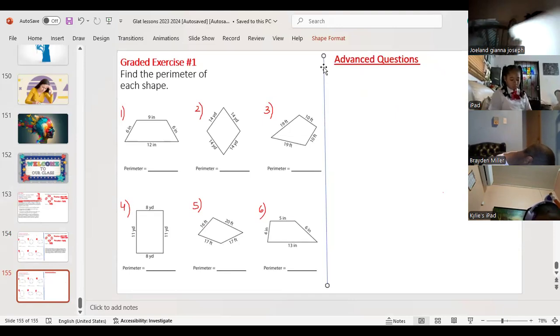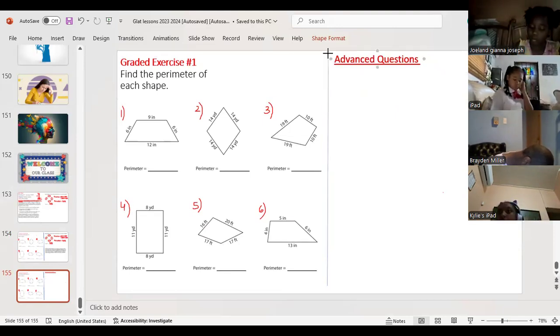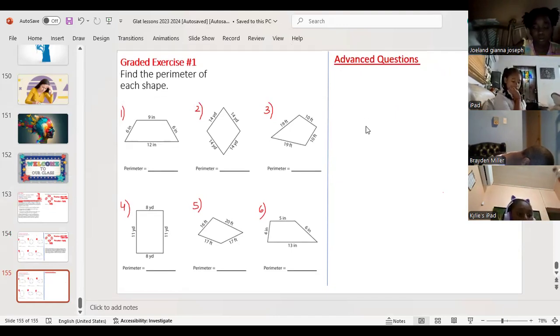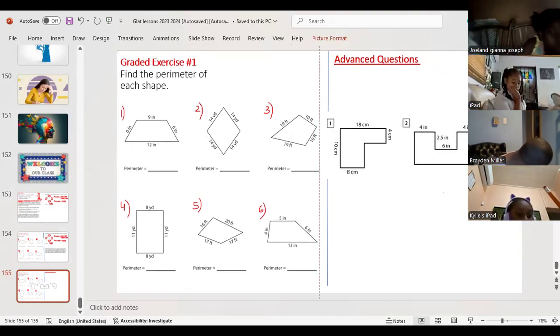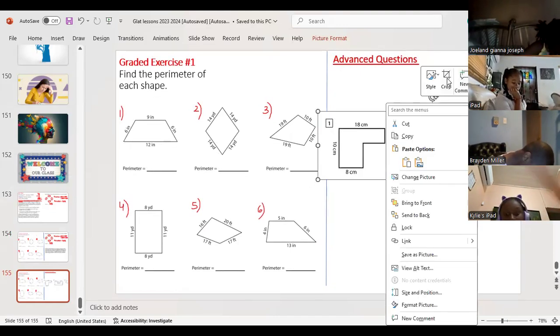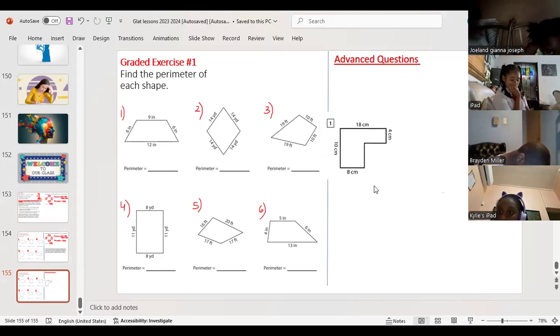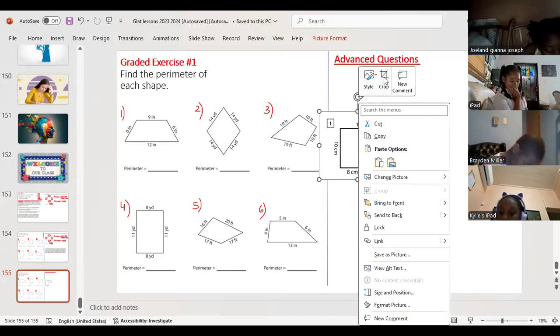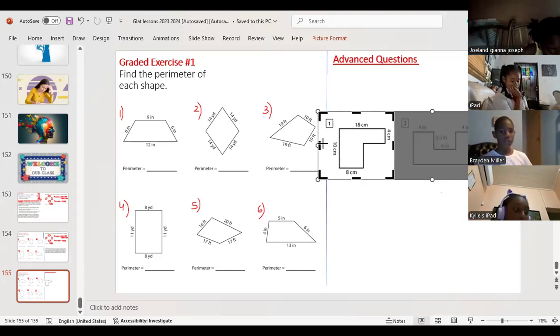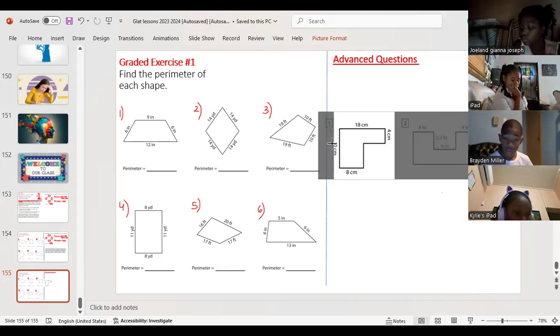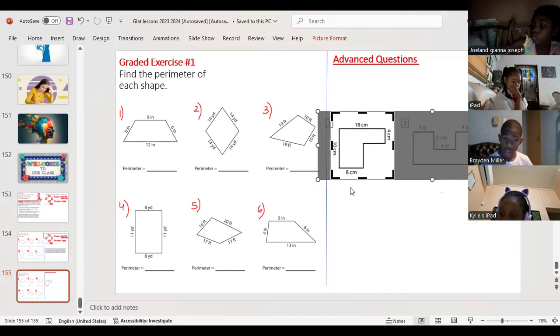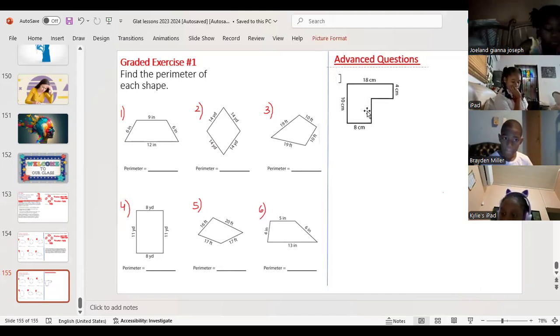Same thing, find the perimeter. I just want the perimeter. These are going to be the perimeter of irregular polygons. This one, number 1.